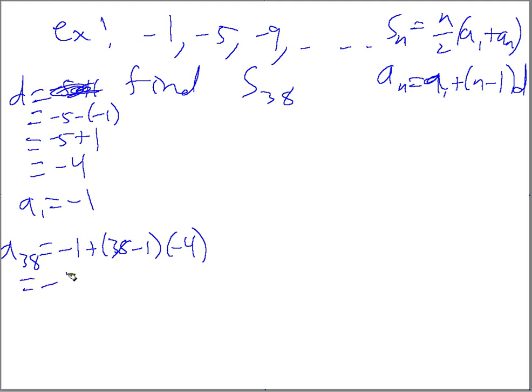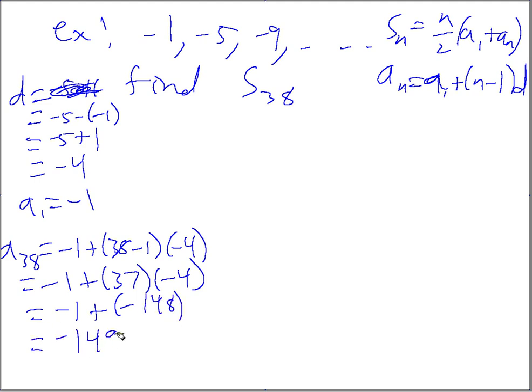So that's going to be -1 plus 37 times -4. All right, so 37 times -4. So that's going to give me -1 plus -148, or -149. So the 38th number on this list is going to be -149.